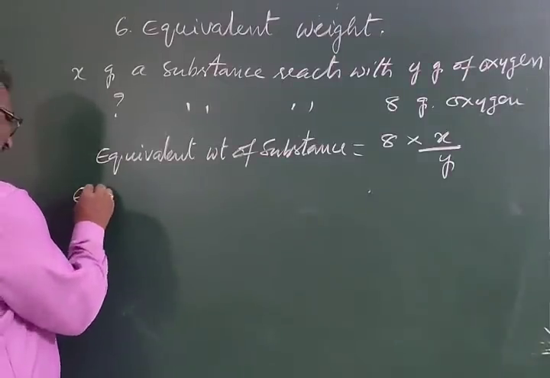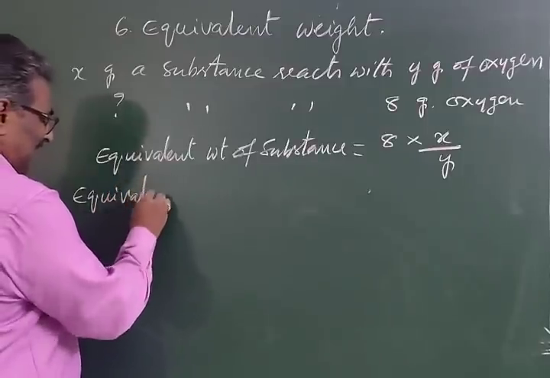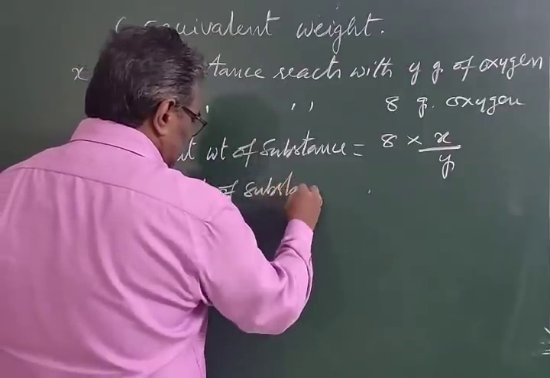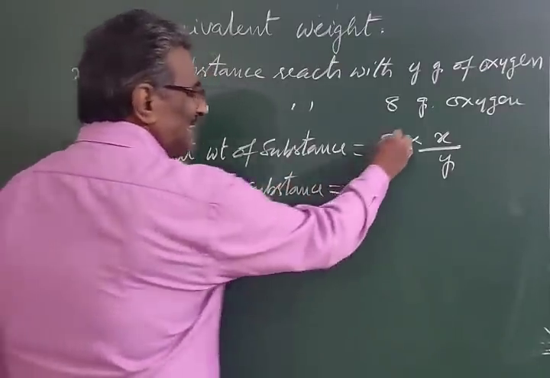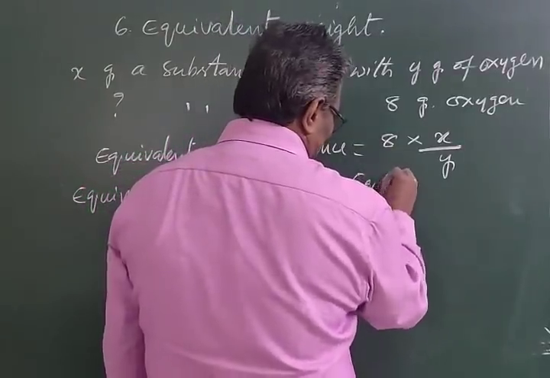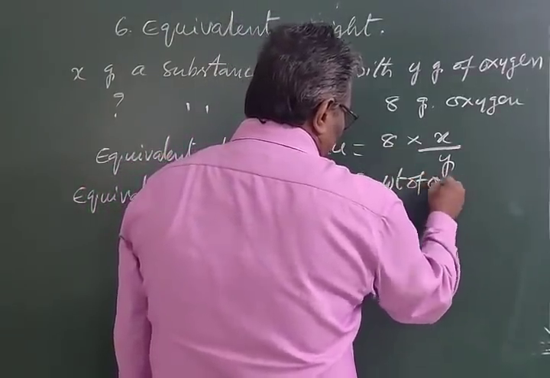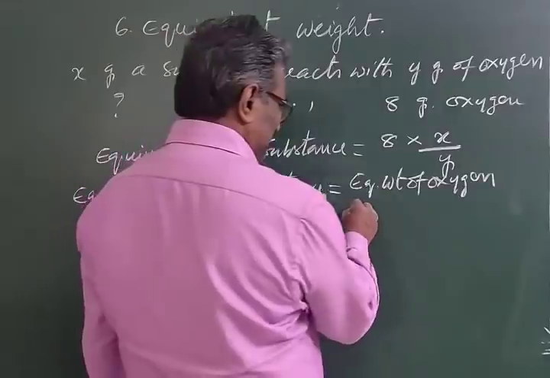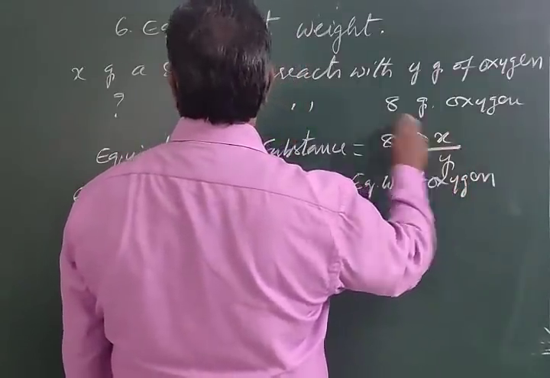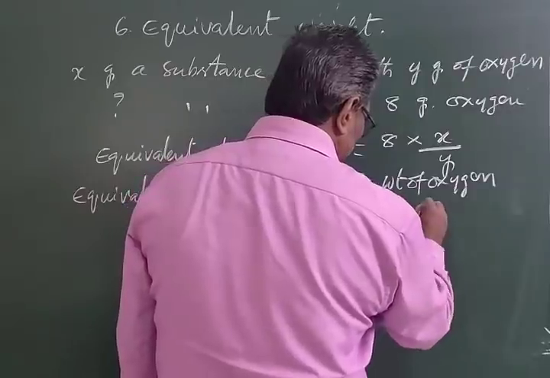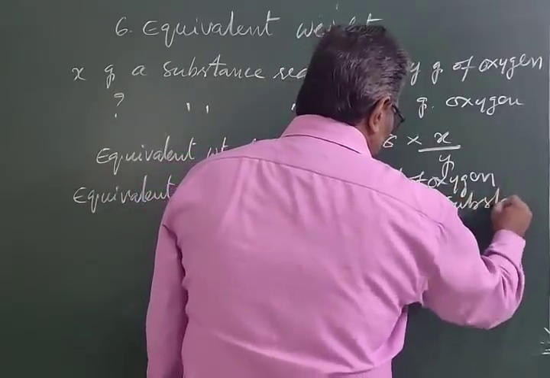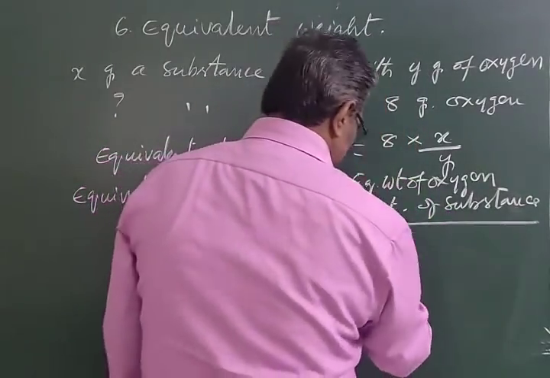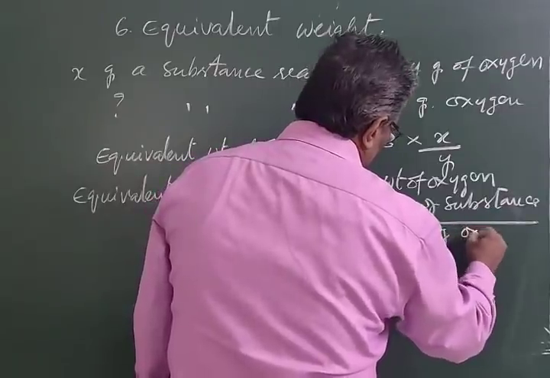That is, equivalent weight of substance is equal to 8, which is the equivalent weight of oxygen, into what is X? Weight of substance, by what is Y? Weight of oxygen.